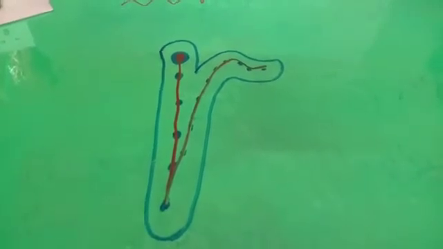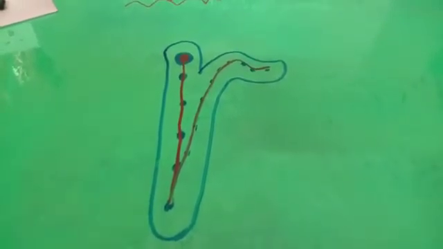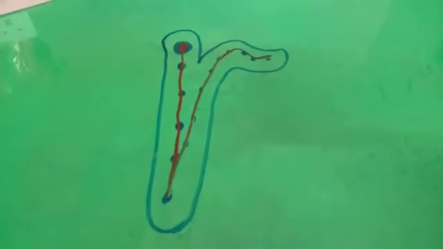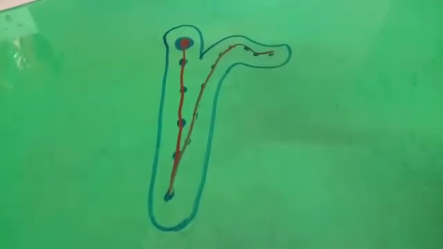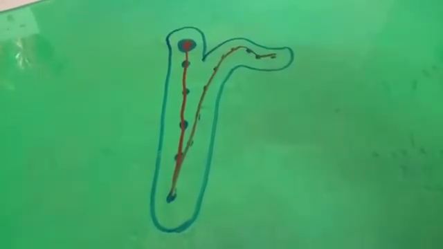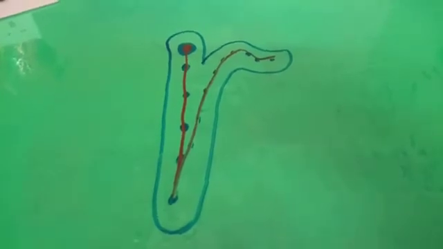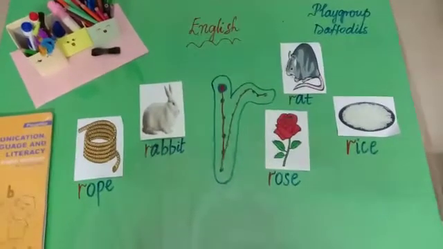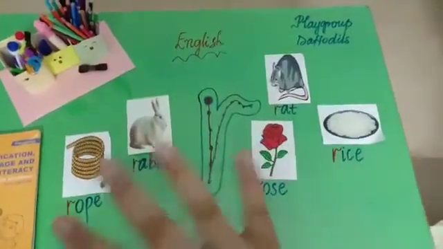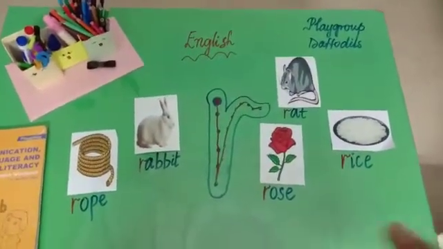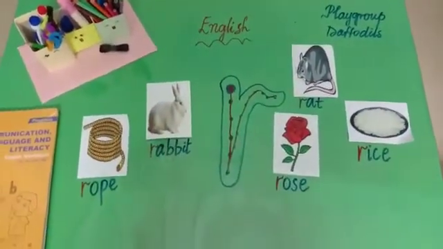Now we are going to revise कि कौन सी जो words हैं उनका beginning sound है. Okay, now let's see. Now look at the board. We have some pictures over here and we have already recognized them before.